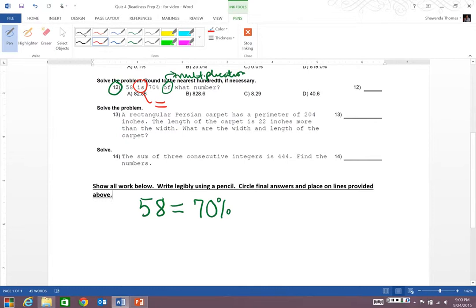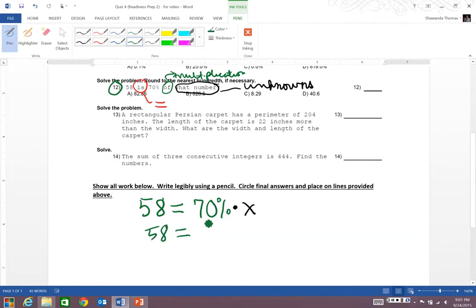Alright, what about what number? What number, that is an unknown. So, we denote unknowns with an X. So, of times unknown X. 58 equals 70% times X, which is the same thing as 58.